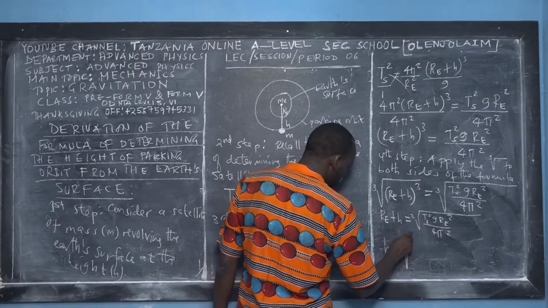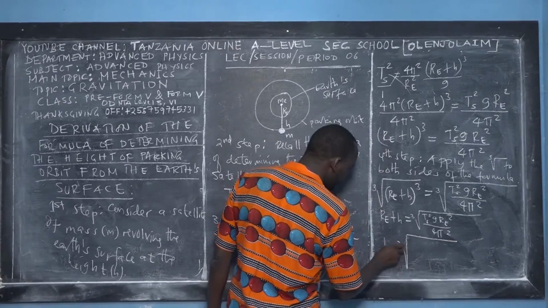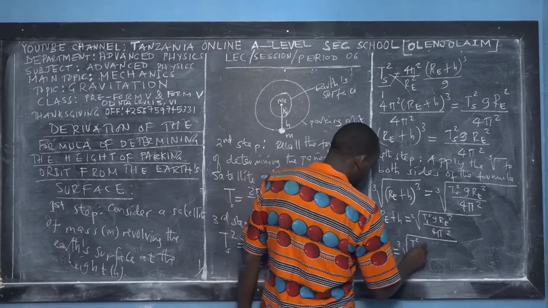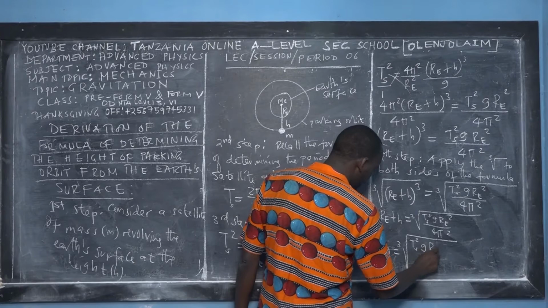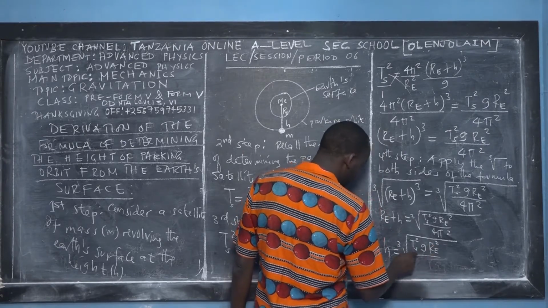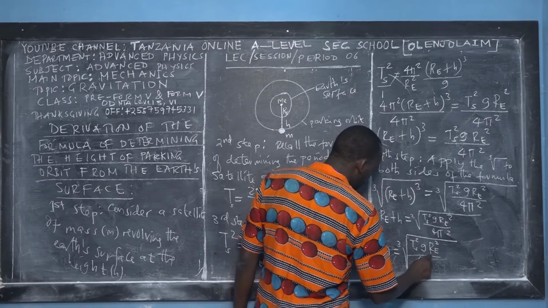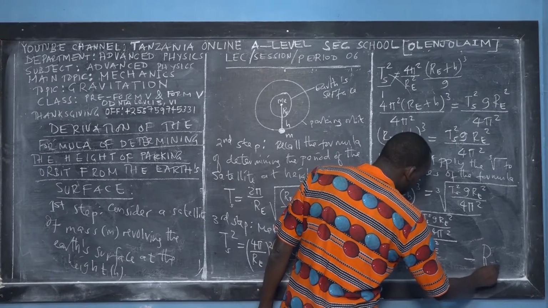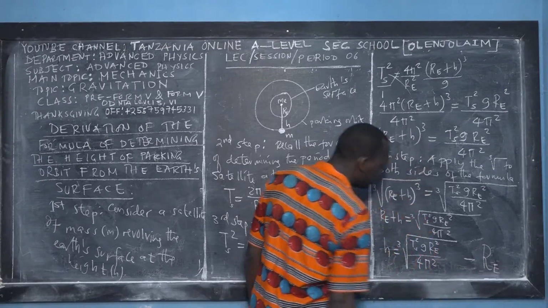This will be equal to the cube root of the square of the period of the satellite times acceleration due to gravity, radius of the Earth squared, over 4 pi squared, minus the radius of the Earth.